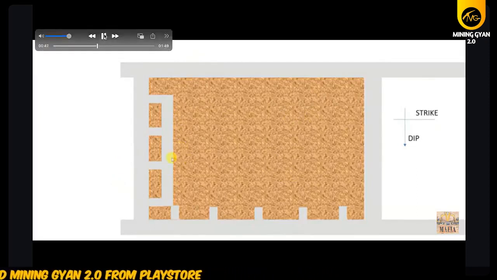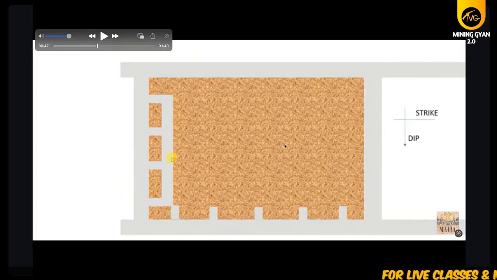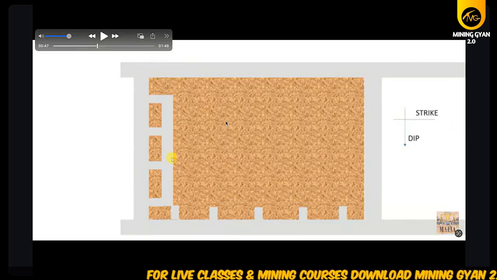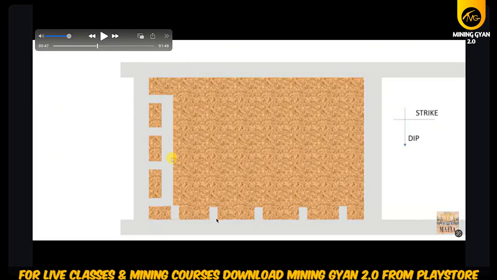Just the difference, you should remember that in this method we divide into 2 slices. In the bridge stopping method we divide into 2 slices, and the bottom slice will be more advanced. Why? Because the top slice material will fall down into your chutes, and we can collect that also.